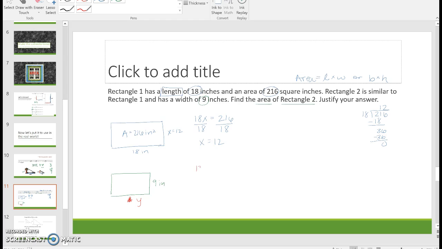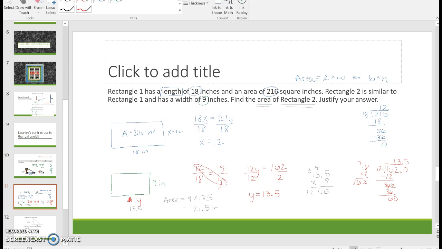So let's see, 12 over 18, so width over length, is 9 over y. And guys, go ahead and find your y. Okay, that length is 13.5, but it says to find the area. Do that as your last piece. And I got 121.5 inches.